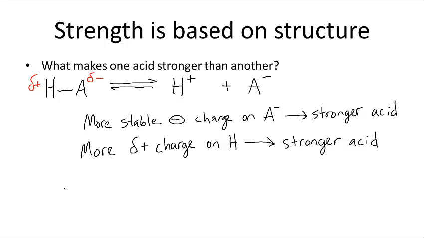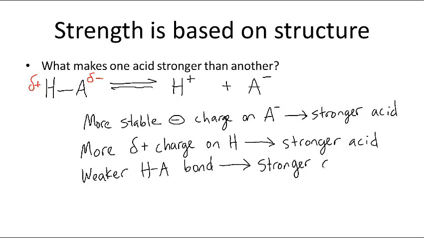So having a weaker HA bond is going to be something that makes the acid more acidic. So those are general factors, and now we're going to look at specific situations.